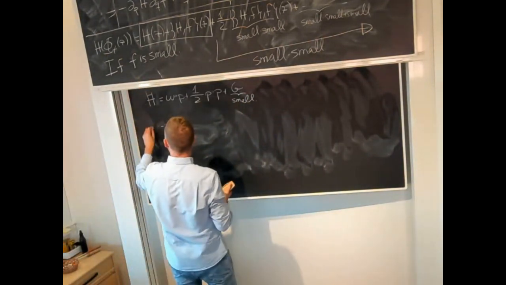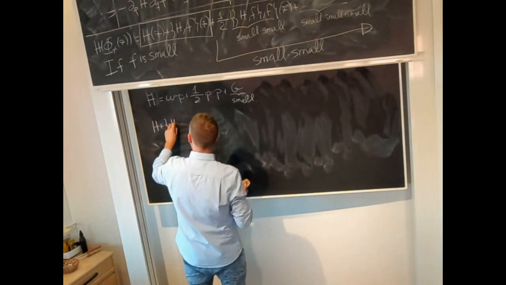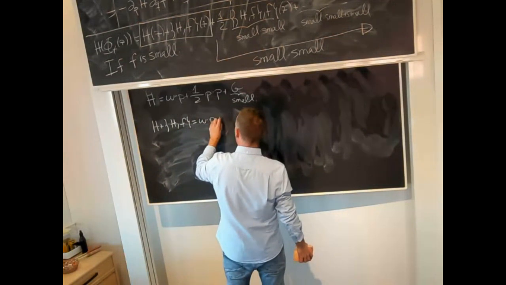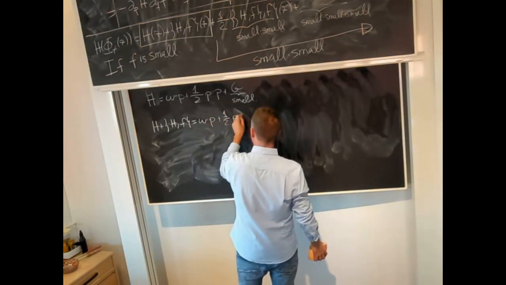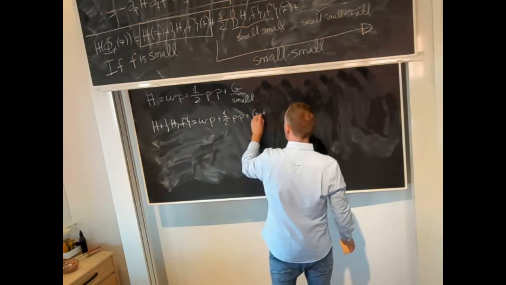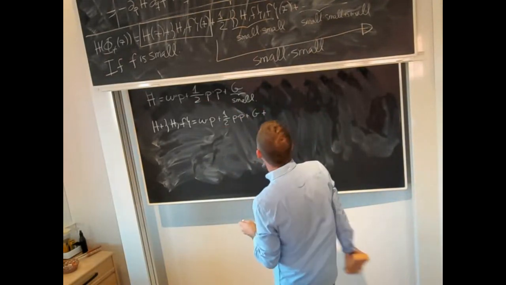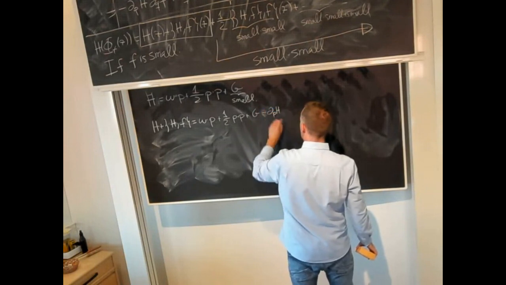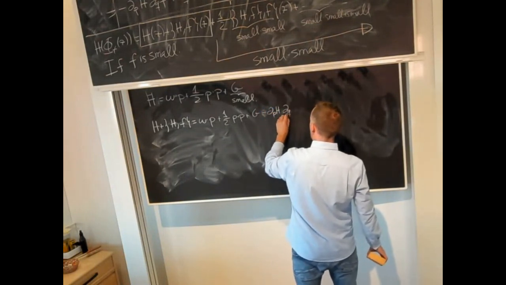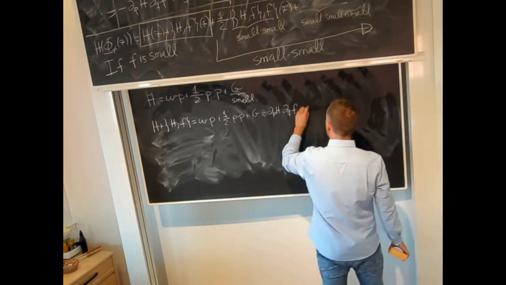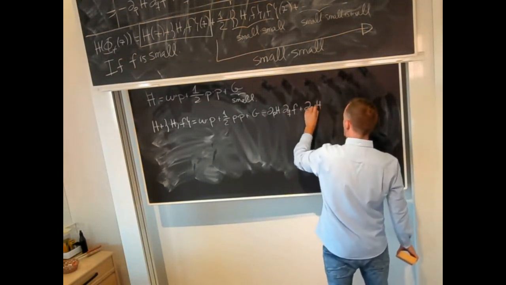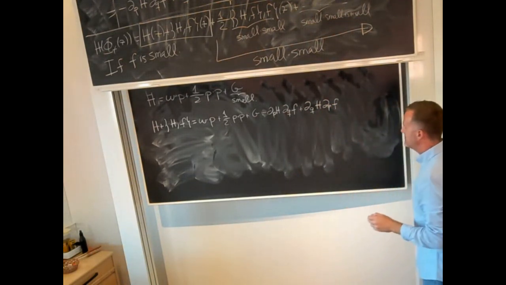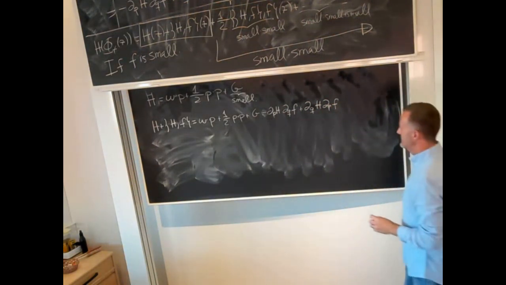So, h plus the Poisson bracket of h and f is omega times p plus a half p times p plus g, and then we use what we got from the Poisson bracket: the partial derivative with respect to p of h times the partial derivative with respect to q of f, plus the partial derivative with respect to q of h times the partial derivative with respect to p of f.